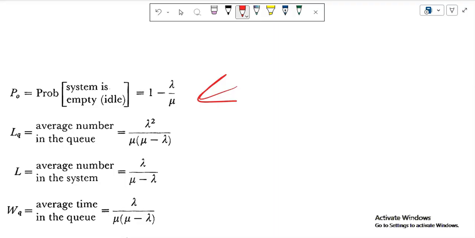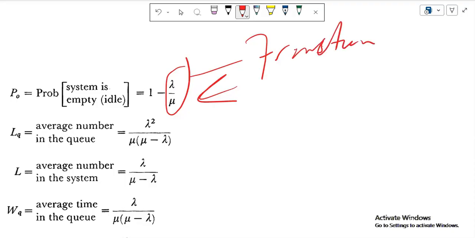So the probability of certain minus the probability of the system being engaged. Lambda over mu expresses the fraction in which the system is being used.